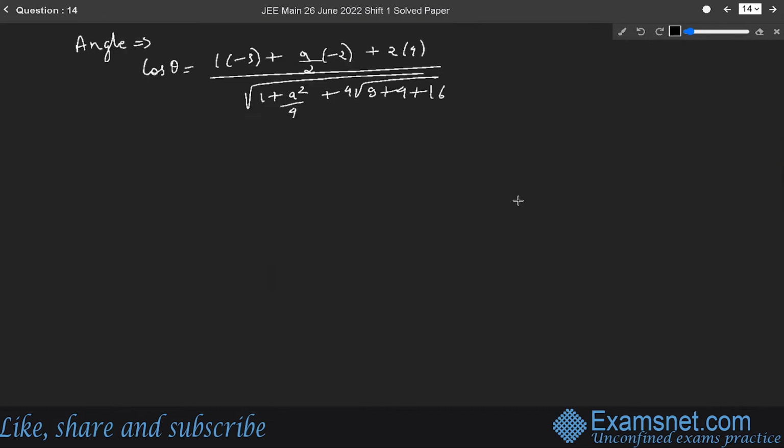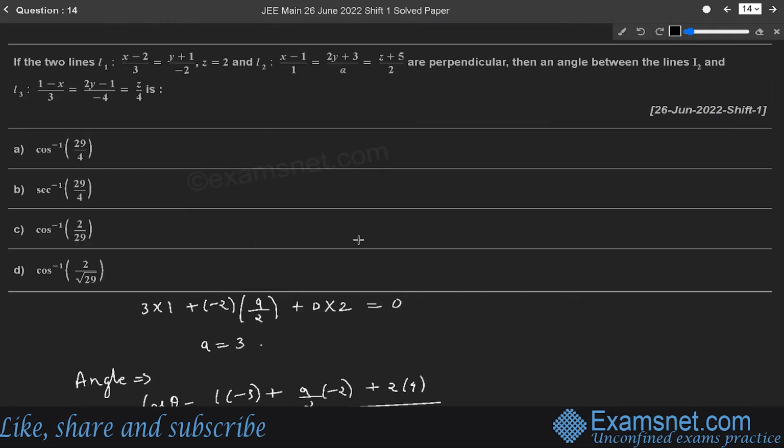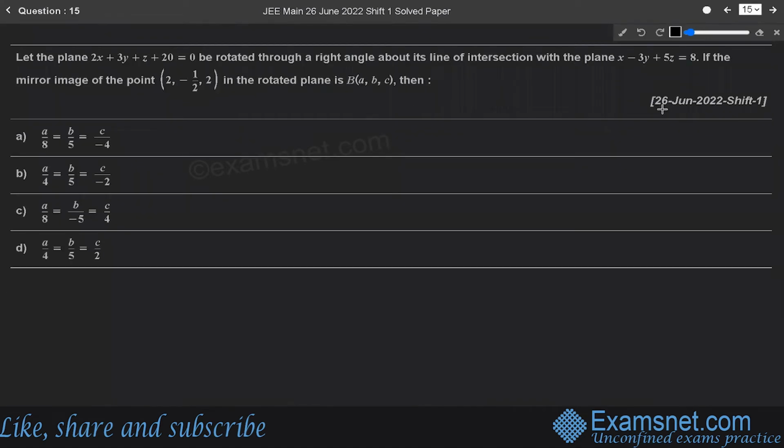So we can say that cos θ will be equal to 2/(29/2). So θ will be equal to cos⁻¹(4/29), which is equal to sec⁻¹(29/4). Hence, we can say that this is the correct answer for this question. And the correct option here is option number B, which is sec⁻¹(29/4).